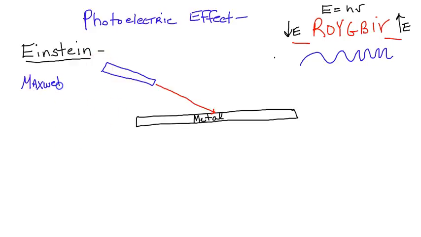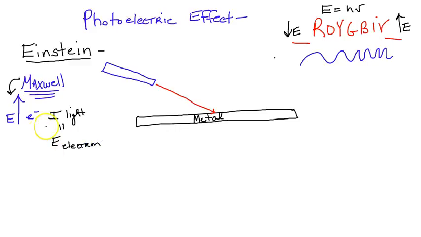Using Maxwell's ideas of classical physics, essentially an electron can have any energy, and light is not moving in packets or photons, it's continuous. So from his work, essentially the intensity of the light would be equal to the energy of the electron.